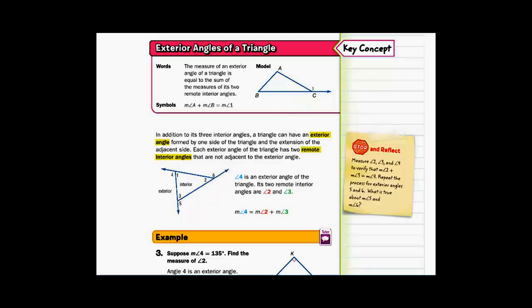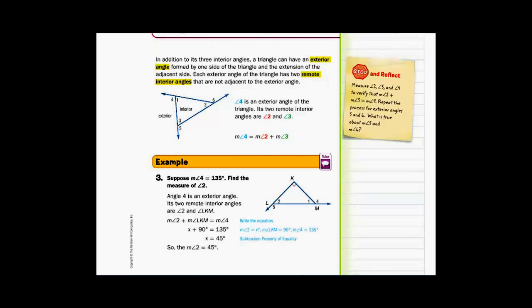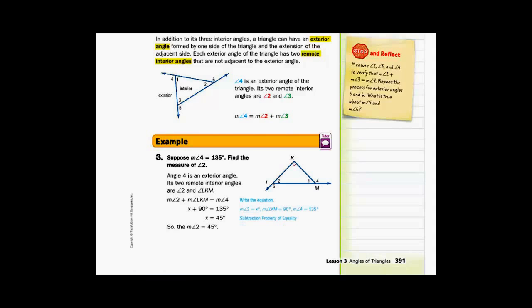All right, so let's try the first one here. It's saying suppose the measure of angle 4 is 135. Find the measure of angle 2.